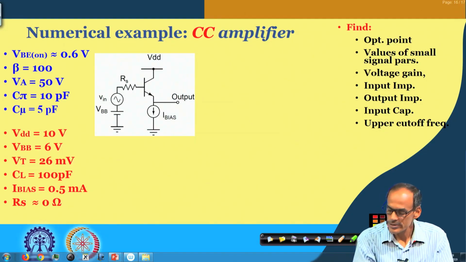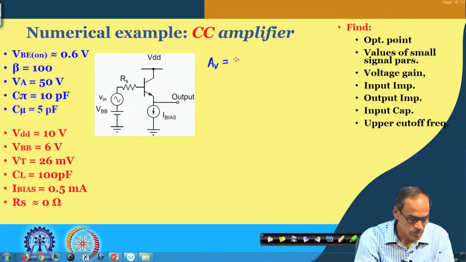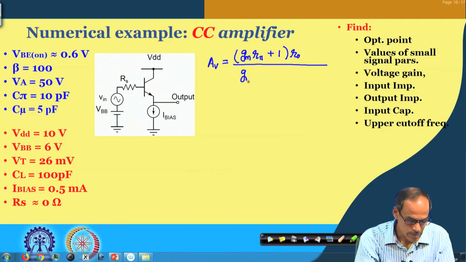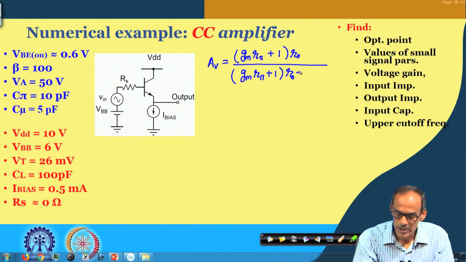The voltage gain is Av equals to gm r pi plus 1 into r naught divided by gm r pi plus 1 into r naught plus r pi.